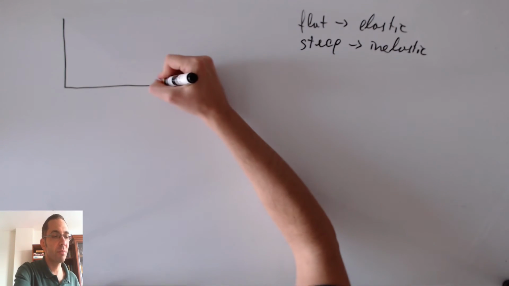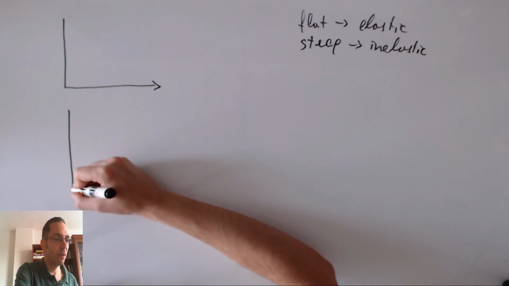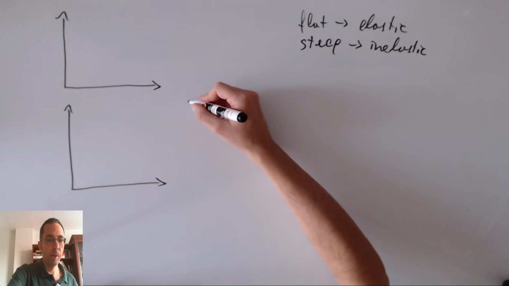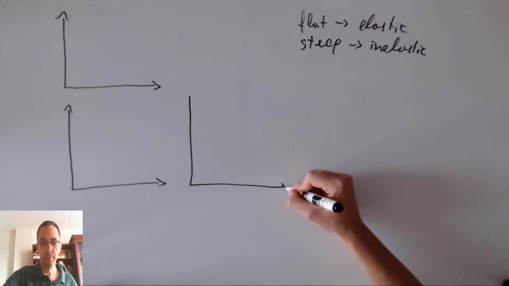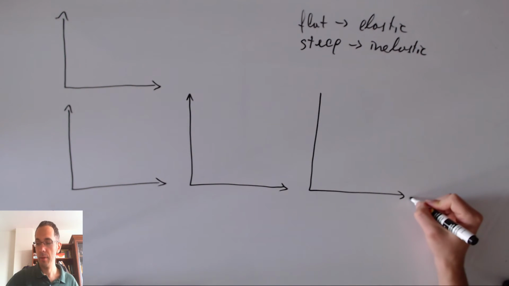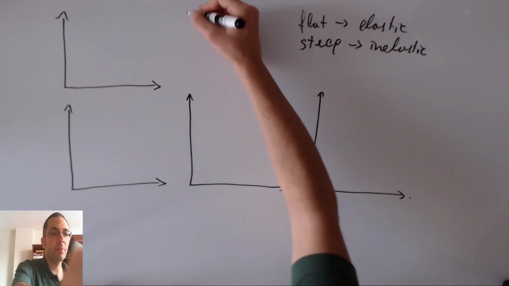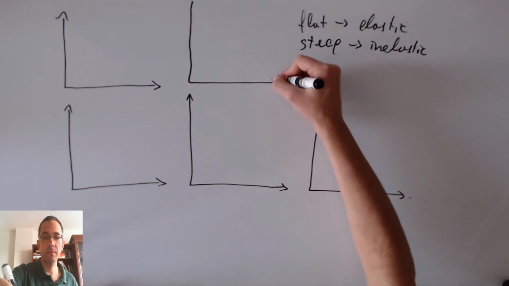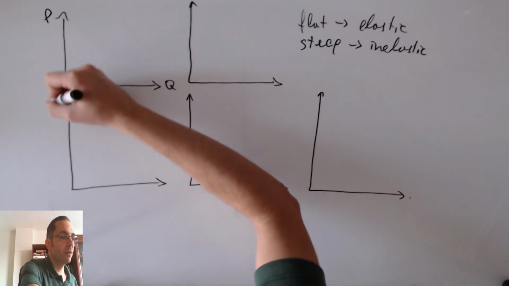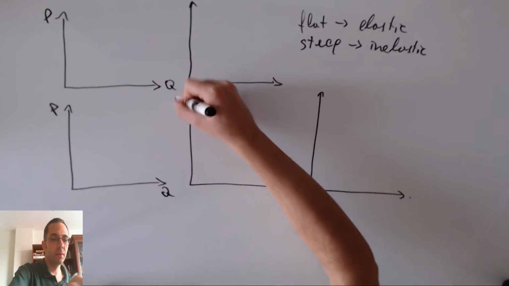I'm going to try to put them all together. 1, 2, 3, 4. Okay, and I'll put the fifth one over here. Quantity, price, quantity.